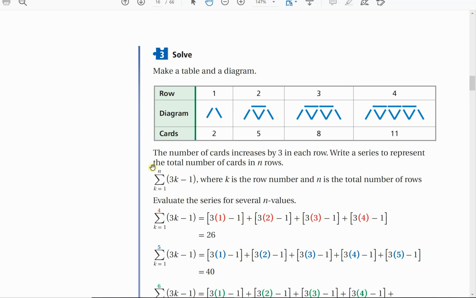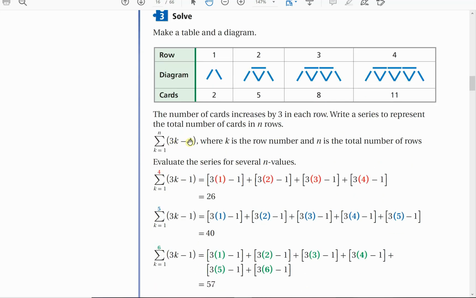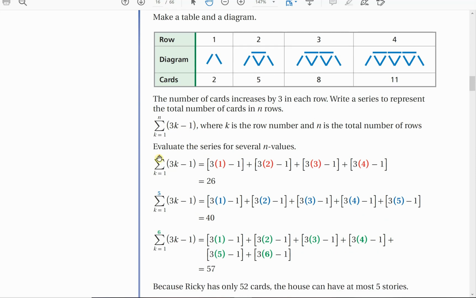So they end up with this explicit formula, 3k minus 1. Because basically 3 times 1 minus 1, 3 times 2 minus 1, 3 times 3 minus 1, 3 times 4 minus 1. So if he does 4 rows, add these up, you get 26 cards.